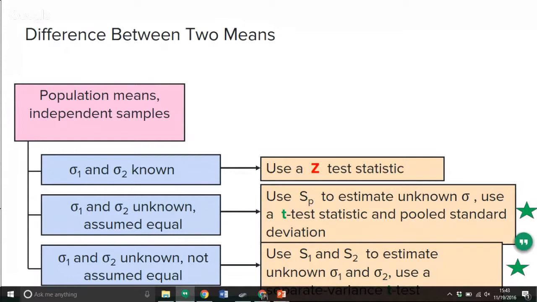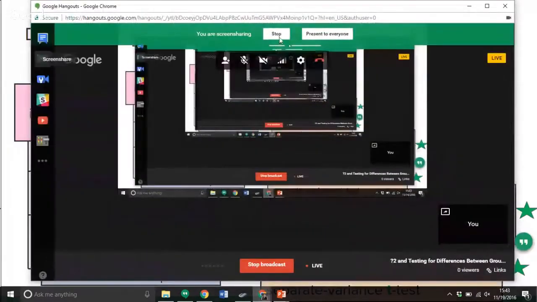Why does that matter? If you recall, when we talked about central tendency and dispersion, we said that we could have one mean with different standard deviations, correct? We had one central tendency and different dispersions.